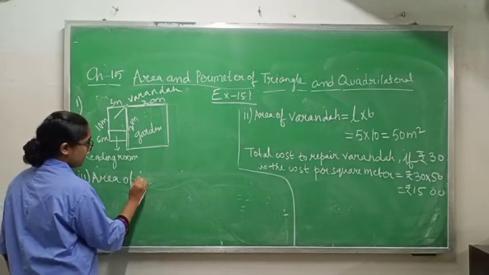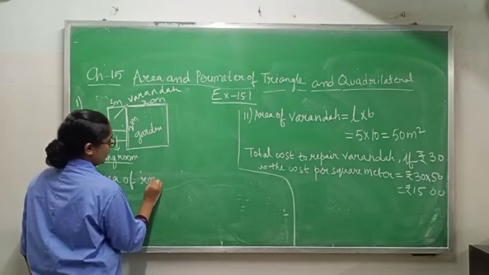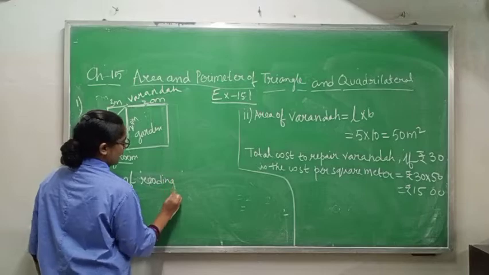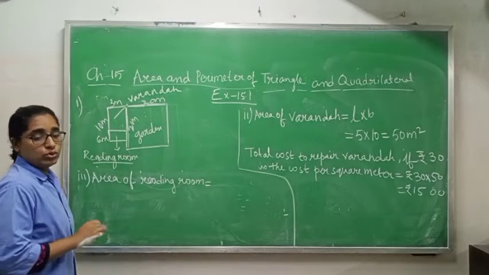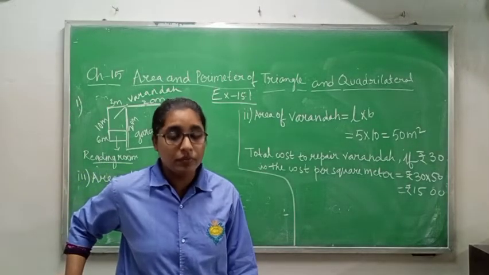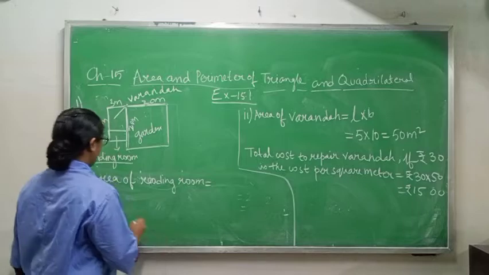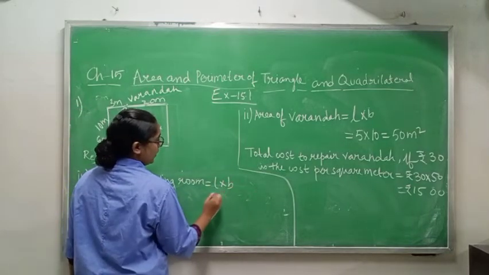Area of reading room, not veranda, reading room. Area of reading room, because Kamal wants to cover the floor of reading room with tiles. So area of reading room will be length into breadth.